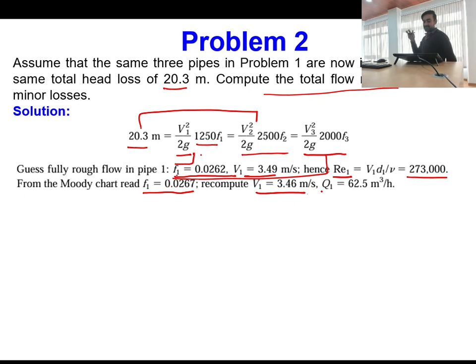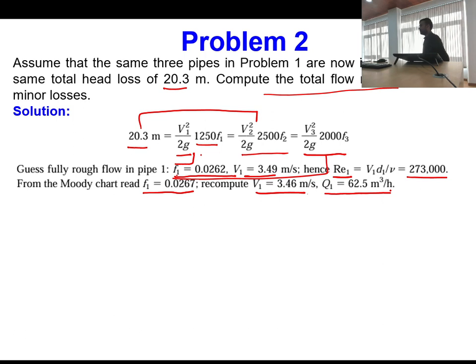By convergence, the meaning is that if the difference between this velocity and the previous velocity is less than some limit, say less than 0.05 or 0.5, something like that, we can set a convergence criterion. Based on that, I can say that my solution has converged. So having obtained V1, I can calculate the flow rate Q1 through my first pipe.